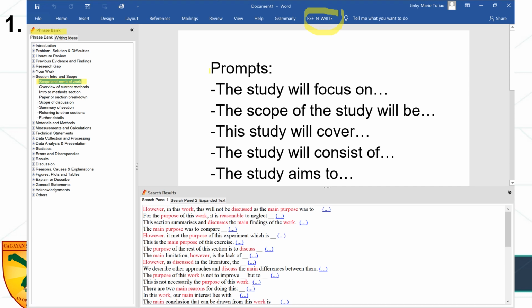You can start your sentences with "the study will focus on," "the scope of the study will be," "this will cover," "this study will cover," "the study will consist of," and "the study aims to." You can also get phrases there when you write your introduction, and when you write your materials and methods, they also have prompts or phrase banks that you can use.